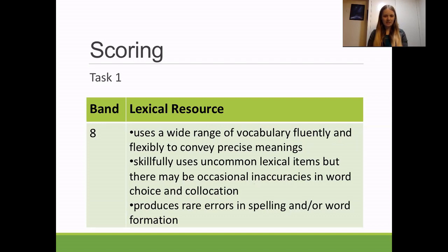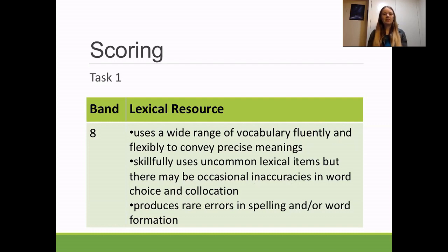For a score of 8, you would need to use a wide range of vocabulary fluently and flexibly to convey precise meanings. So you have a wide range, you're using them very well. You are skillfully using uncommon lexical items, but there may be occasional inaccuracies in word choice and collocation.